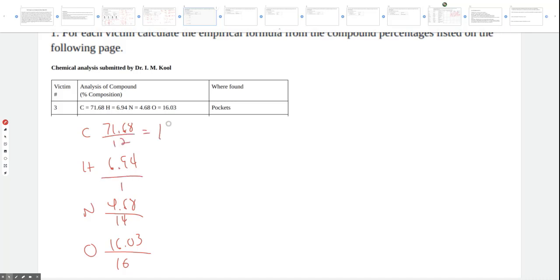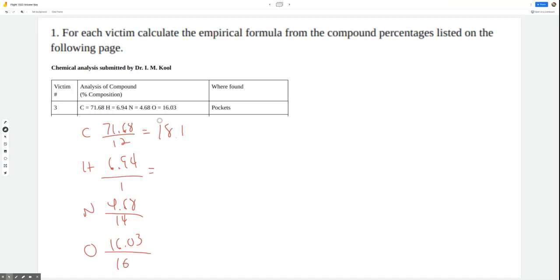And we've got 5.97, 6.94, 0.33, and 1. The smallest number out of these is 0.33.